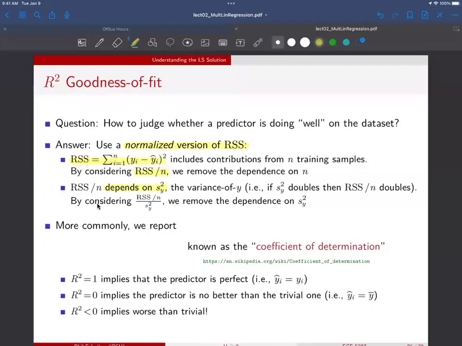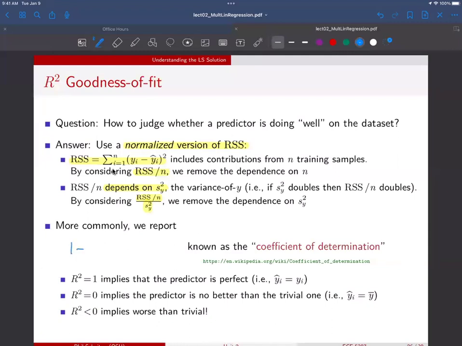So as one further step of normalization, you can also divide RSS by the sample variance of your labels. And at that point, the thing that you have is normalized quite well. And that would be good enough, except that it's not what's typically done in the literature and statistics and so on.